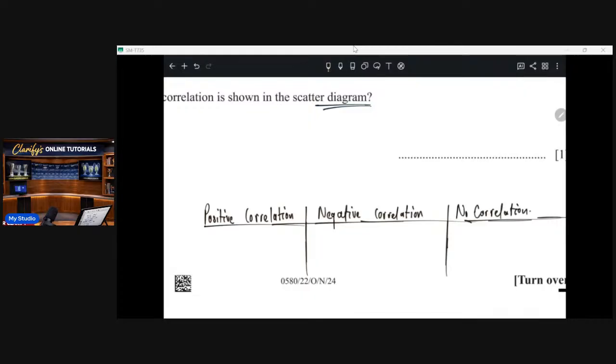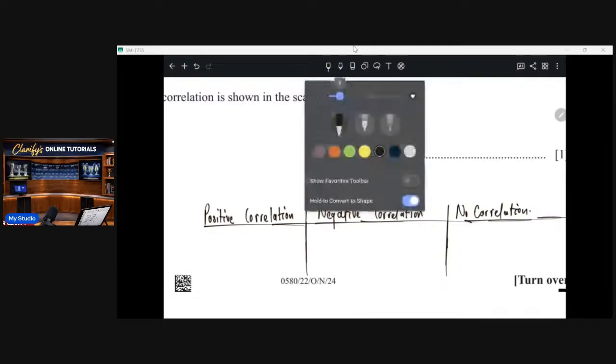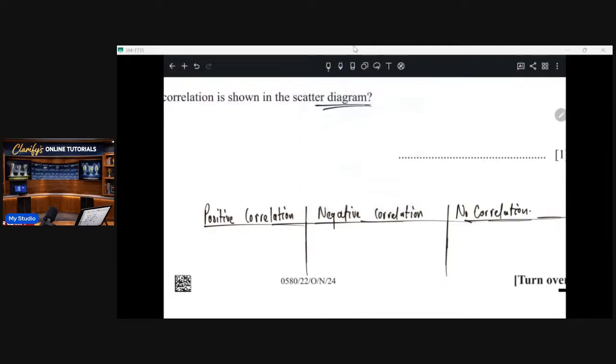Correlation means relationship. The word is telling you. Come on now. Don't let me down. Correlation means the relationship. So if 2 things do the same thing together, then they have positive correlation. Positive correlation means you work together.